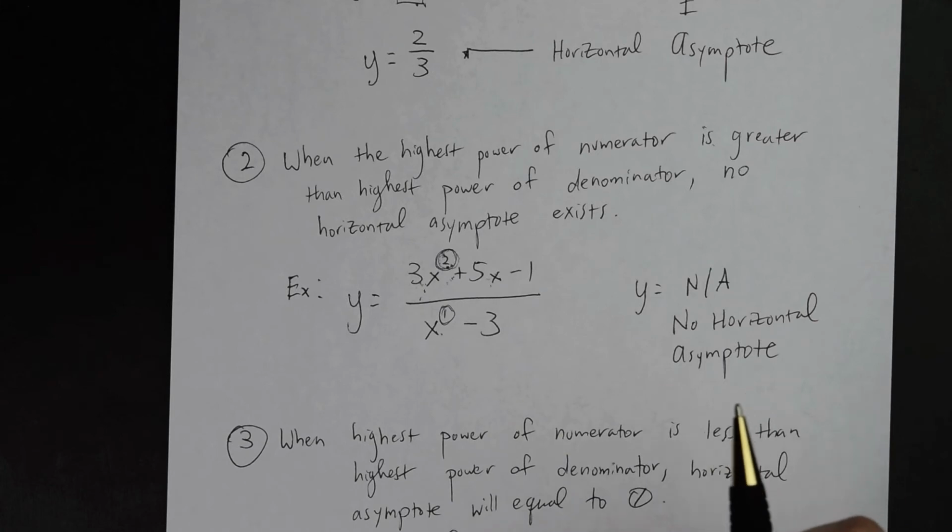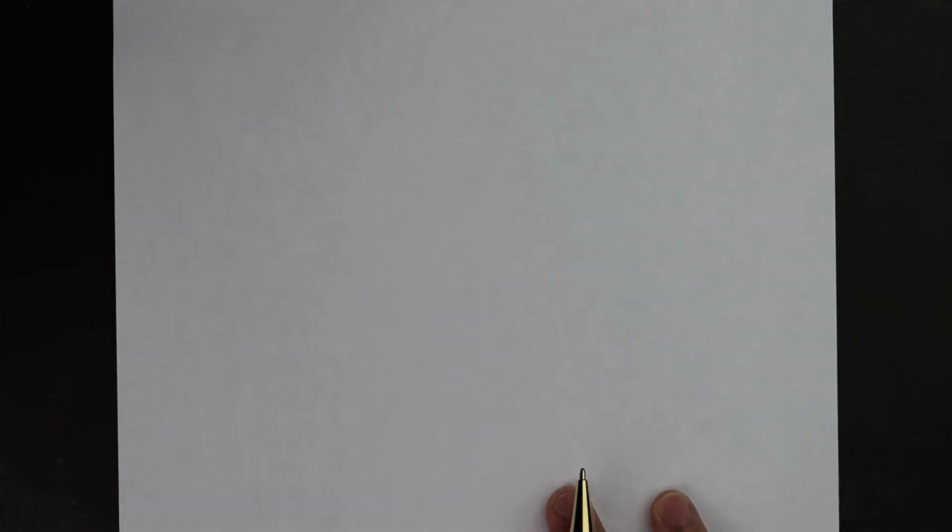But that being stated, I am now going to go to the last concept for today, which is slant asymptotes. I'm going to switch papers for this. There's a specific condition that must be met in order to create slant asymptotes in the first place.